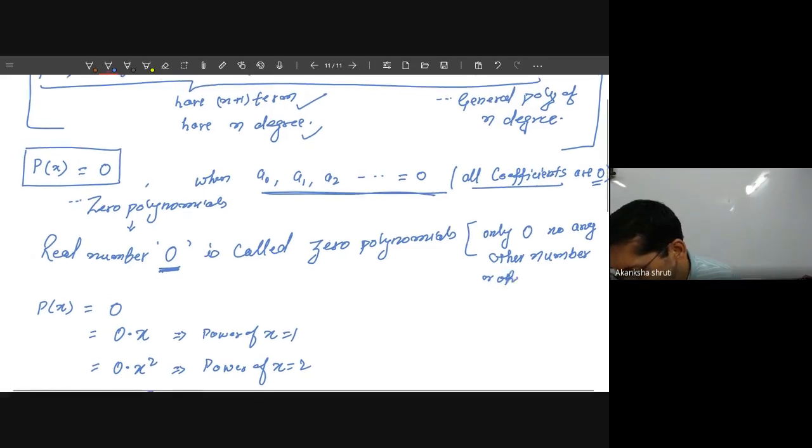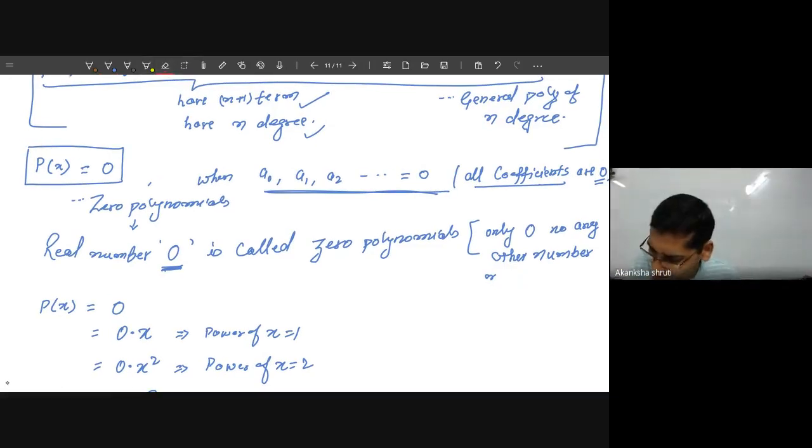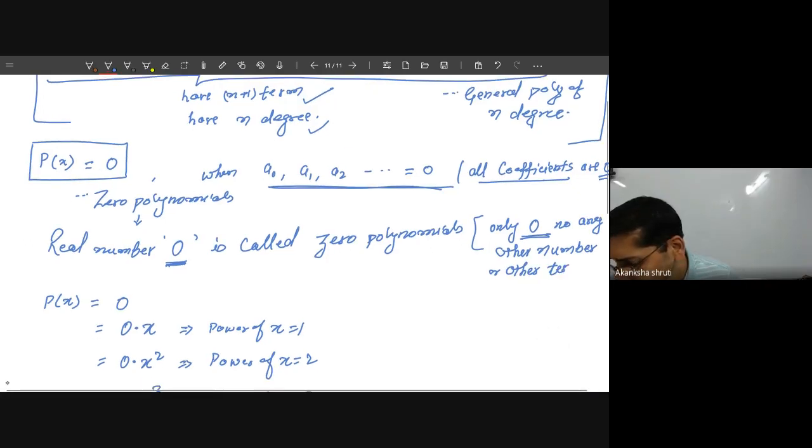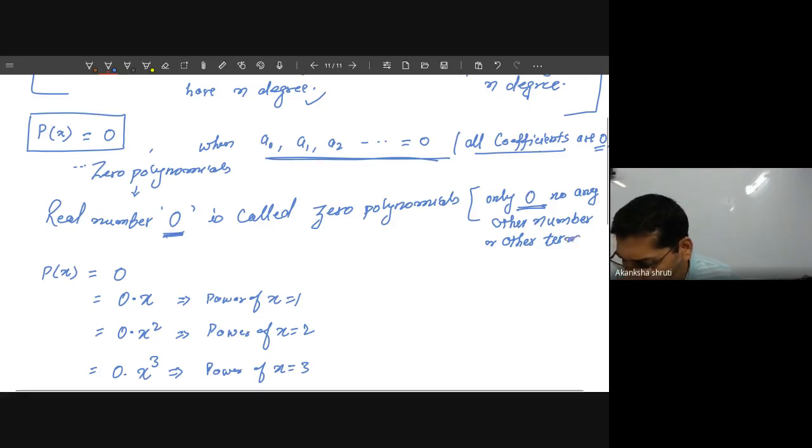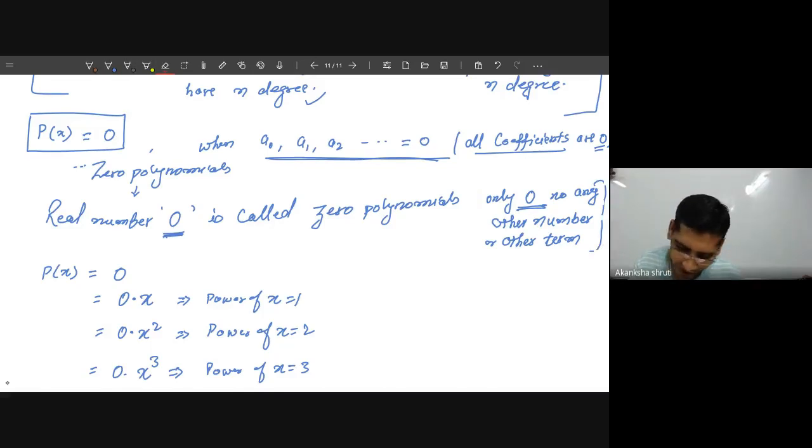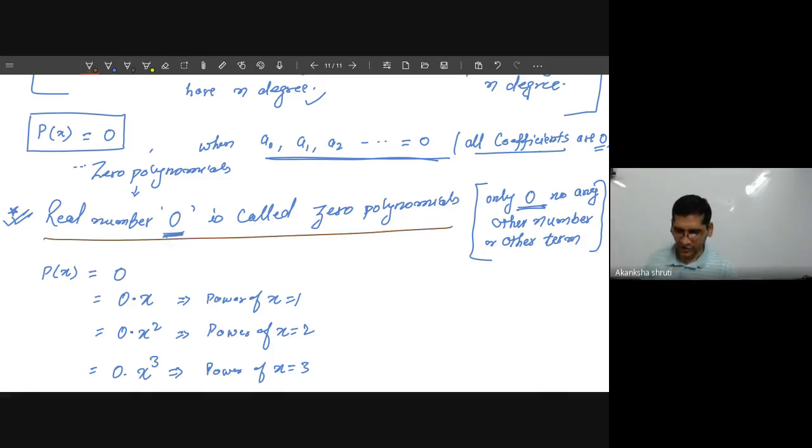It should be 0 and 0 only. Student, if such a condition is satisfied, then it is the zero polynomial. Zero polynomial simply means the number zero is called the zero polynomial. This is the definition that you have to keep in mind.